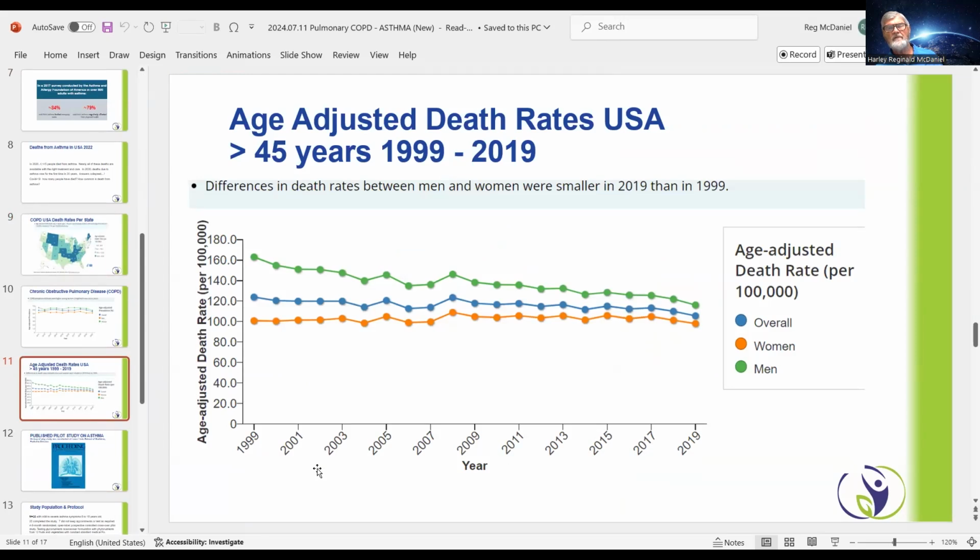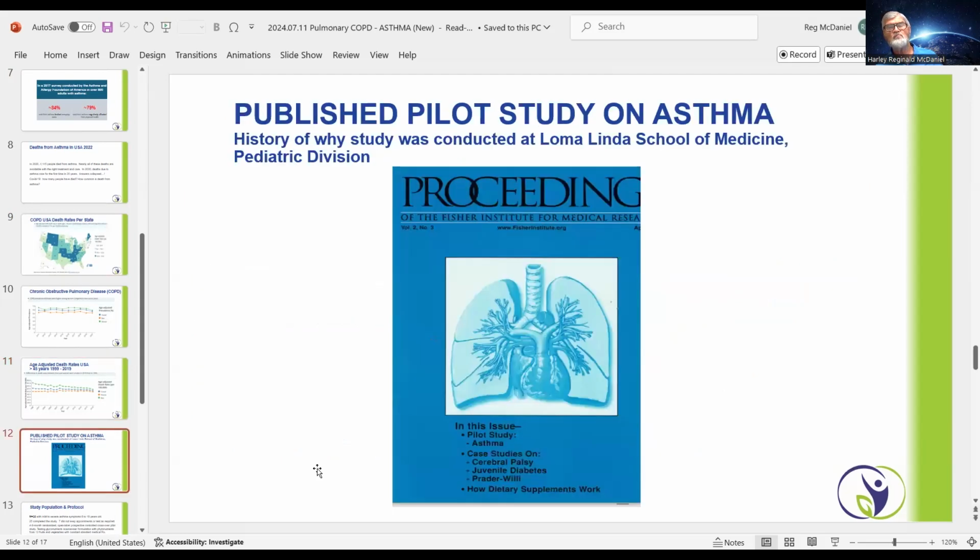But the death rate for women with obstructive lung disease is lower than men, though the incidence is higher in women. And just why this is, I don't know.